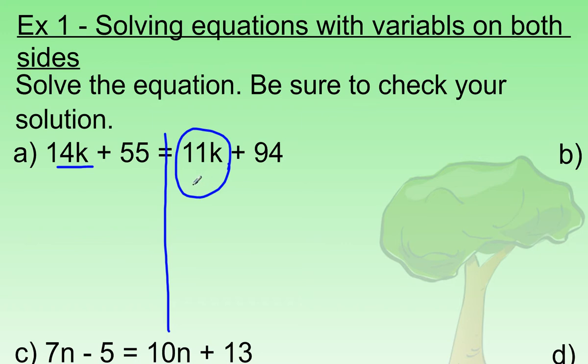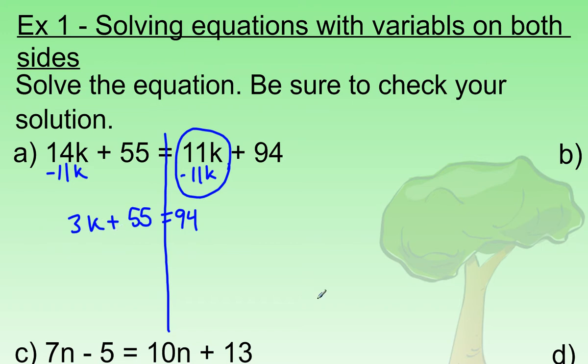To make this thing go away, to go to 0, I have to subtract 11k. And on the other side, this 11k minus 11k is gone. That whole term. And I'm left with a 94. And I still have my 55. It's positive. And this math gives me 3k.